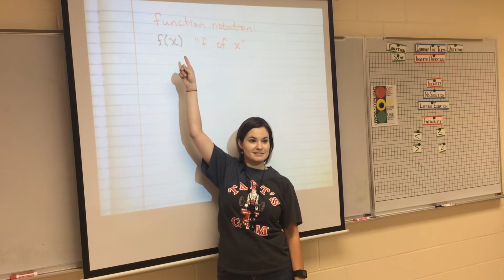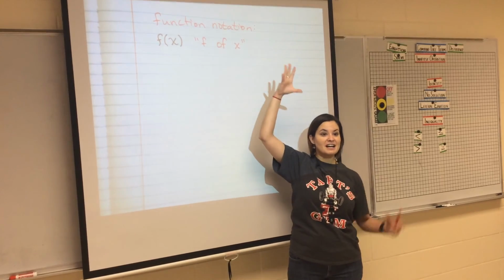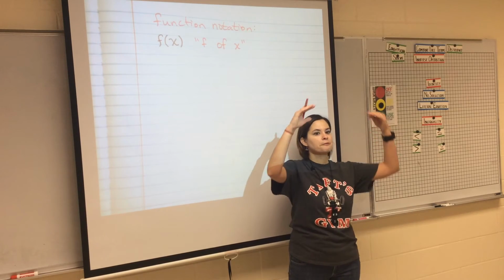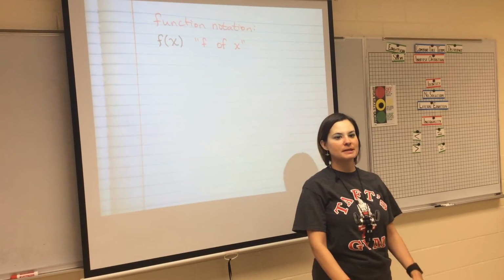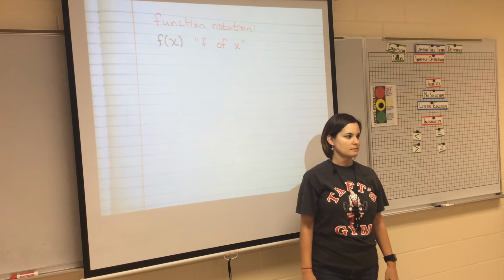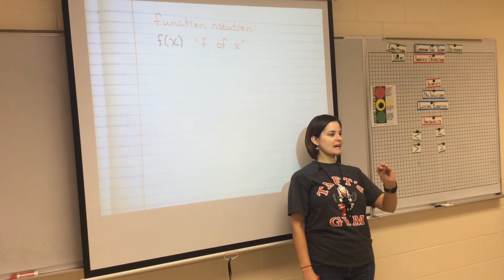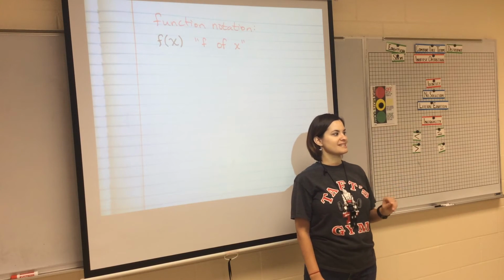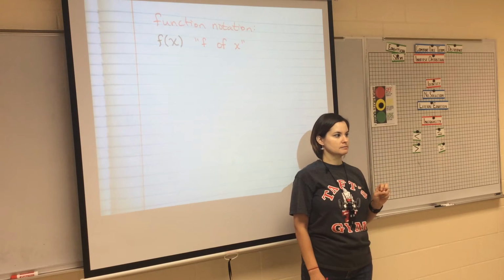How I read this is f of x. If it's in parentheses next to the name of our function, you say f of what's in the parentheses. For right now, we'll only have an x, but in the near future, I'll be adding things to what's in those parentheses.